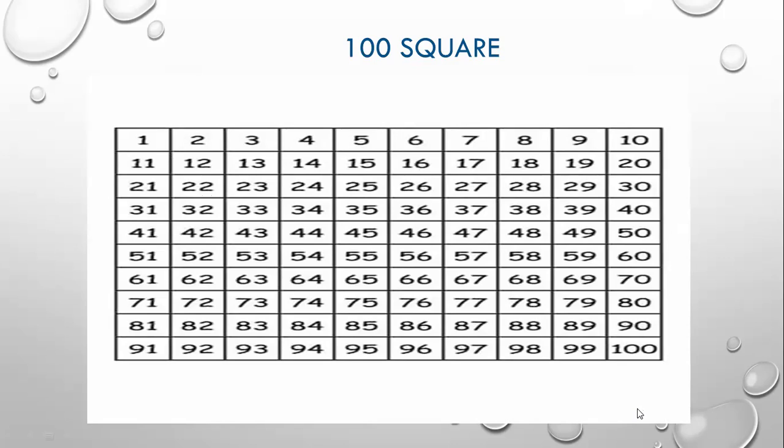You can see that the first row starts from 1 and finishes on 10, then 11 finishes on 20, 21 finishes on 30, 31 finishes on 40, and 41 finishes on 50.